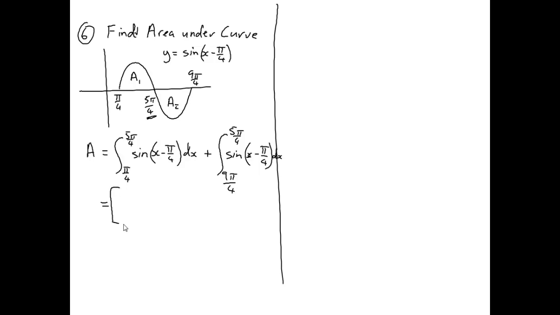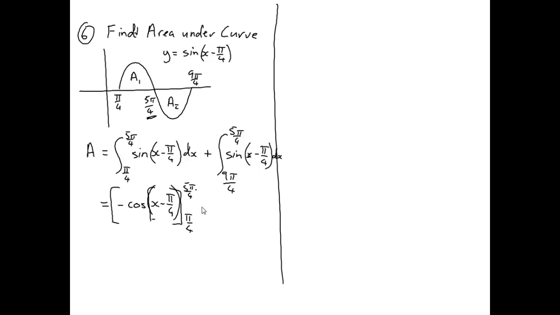Well, it's going to be minus cos(x minus pi on 4), in square brackets, with upper limit 5 pi on 4, lower limit pi on 4.